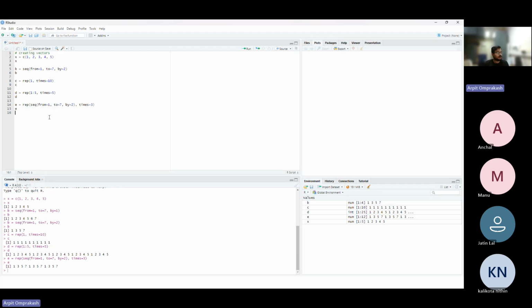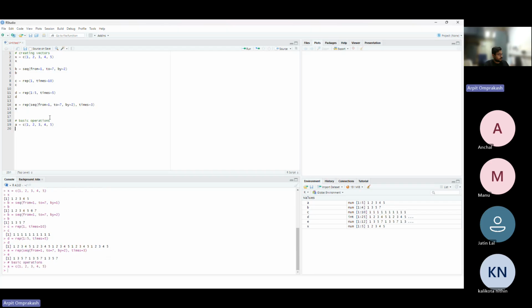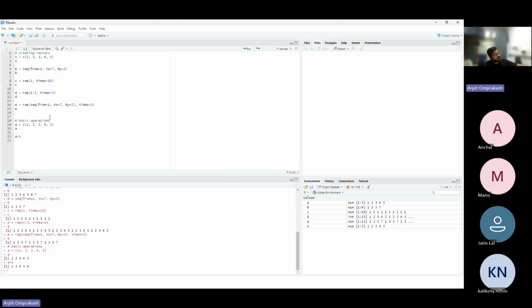Then we have simple operations. Let's say we define a list, a, which is 1 to 5. We run it, and this is 1, 2, 3, 4, 5. If we do addition, a plus 1 will give us 2, 3, 4, 5, 6.